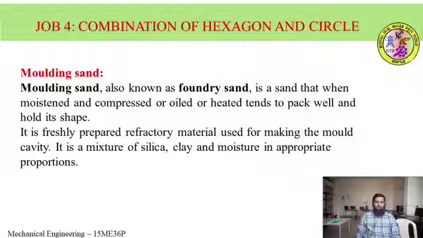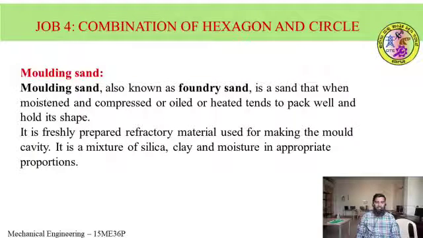It is a mixture of silica, clay, moisture in appropriate proportions. Molding sand is a combination of silica, clay and moisture with some additional binders. In appropriate proportion we have to add, and we have to prepare the molding sand.